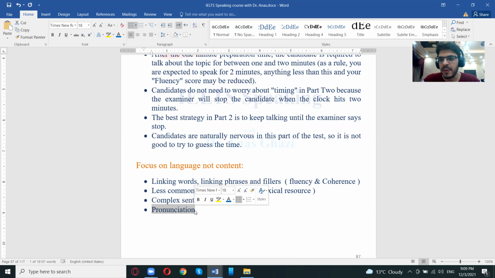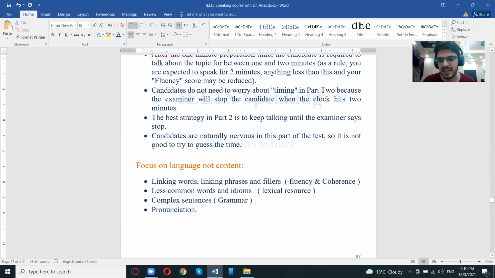For example, if you say sheep instead of cheap, this would make it difficult for the person who hears you to understand. So this is a pronunciation problem, the way you pronounce.